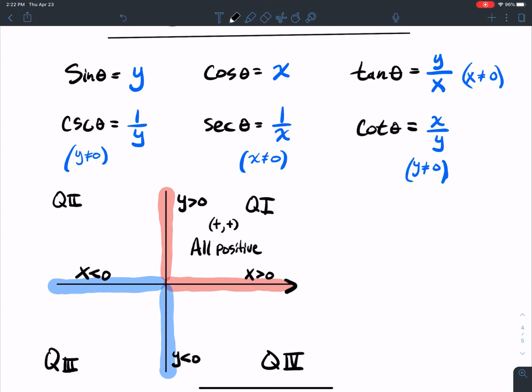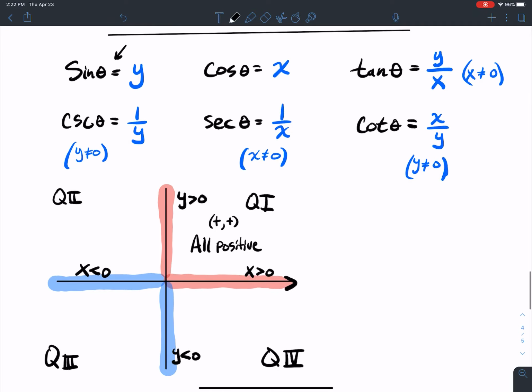In Q2, what do we have? We have x negative and y positive. Okay, so what does that tell me? Well, anything that has an x is negative. Anything that has a y is positive. So let's look at the positives. Okay, so sine is positive.